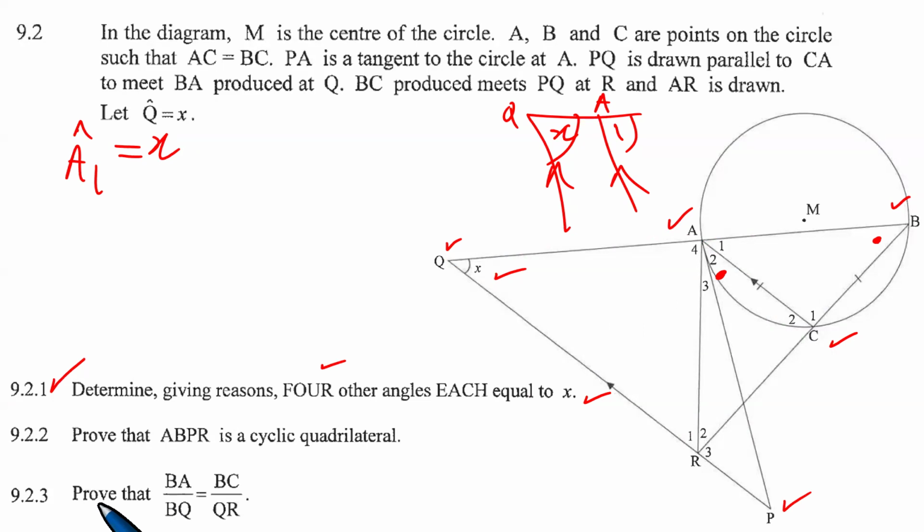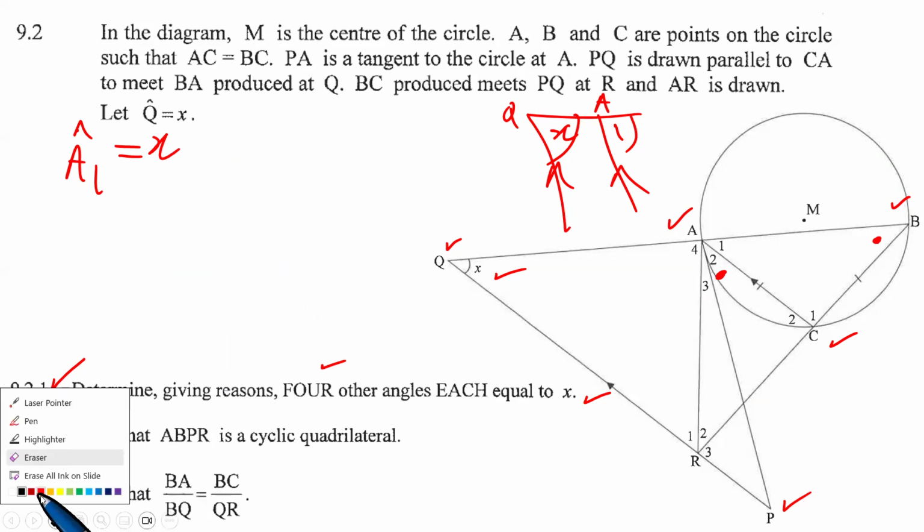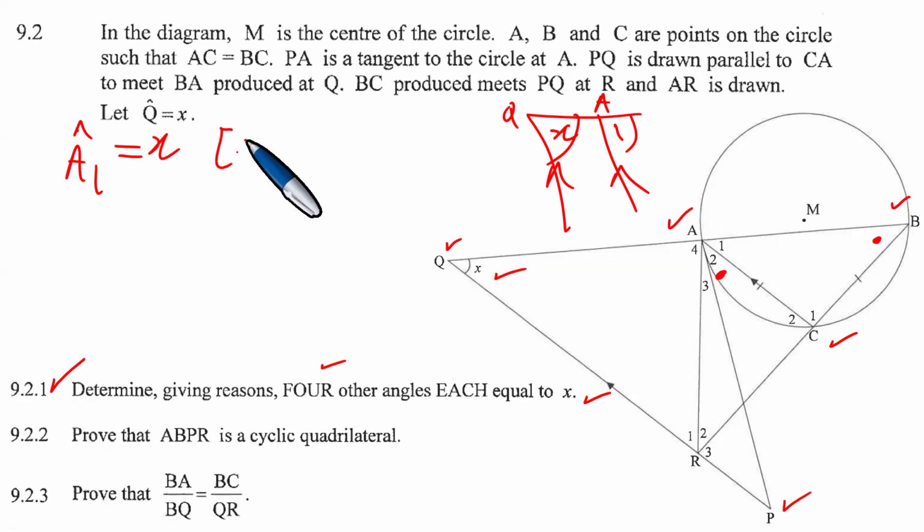Right, so we continue. Why is angle A1 equal to X? Because they are corresponding angles.